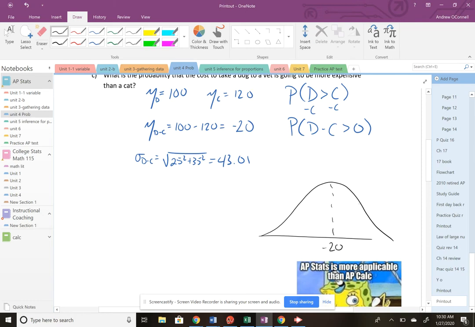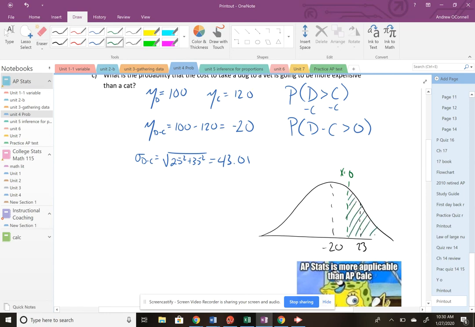So one standard deviation above is right about 23 positive. And we know that somewhere in there is going to be our 0. We want to know when this whole distribution of the differences between dogs and cats, we expect the dog to be $20 cheaper, but sometimes the dog is more expensive.